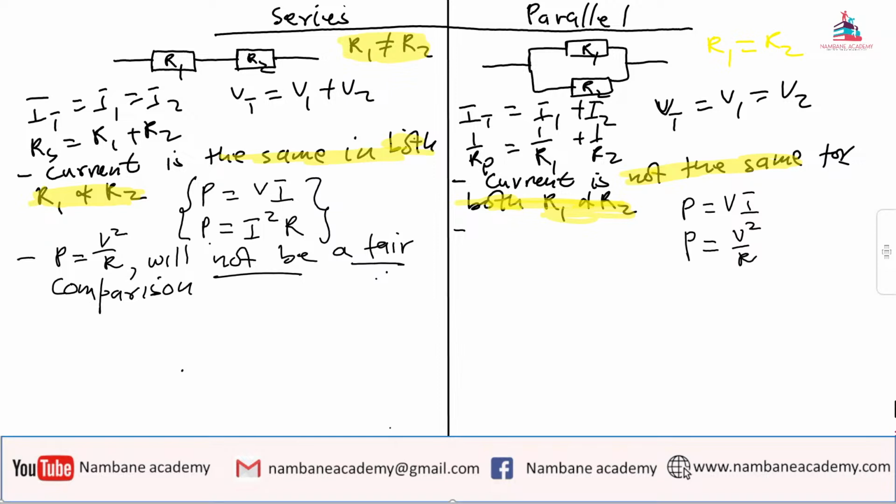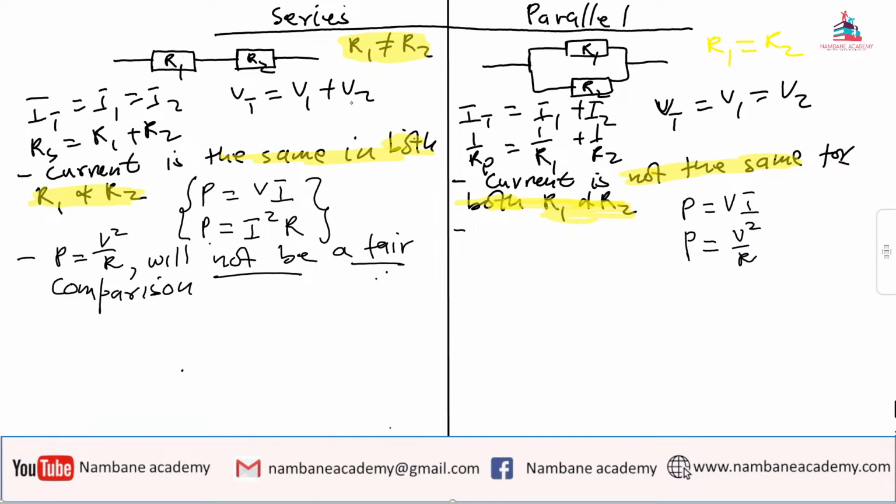What does that mean? Ladies and gentlemen, let's look at this. R is changing. That means R1 and R2 are not the same. V squared is also changing because V at 1 is also not the same as V at 2. So in physical sciences, one must remain constant such that we have a fair comparison.